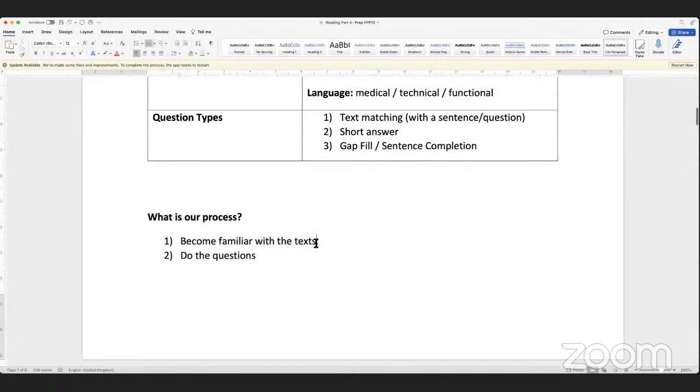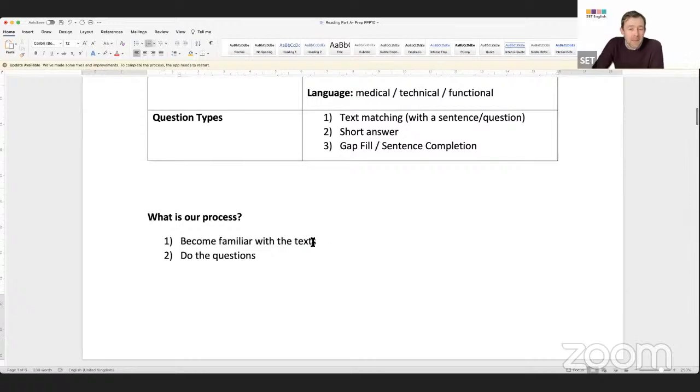I become more familiar after I do those matching questions, but we definitely need to do something to become more familiar with the texts before we go, because if we don't, then we can't do the most important thing, which is save time. We need to reduce the amount of time it takes us to find answers. So the first stage of that is going to the right text. Alan will do more on those questions tomorrow.